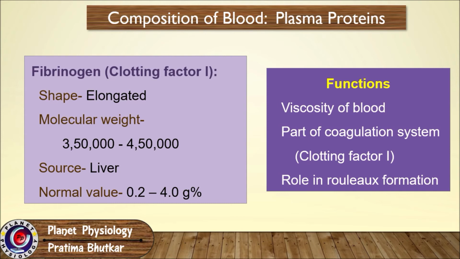So, whatever is the viscosity of the plasma, it is mainly because of the presence of fibrinogen, whereas the viscosity of the entire blood is because of RBCs as well as fibrinogen. This fibrinogen is also an important part of the coagulation system of the blood because it is clotting factor number 1, and it also plays a role in rouleau formation, that is piling up of RBCs if anticoagulated blood is allowed to settle.